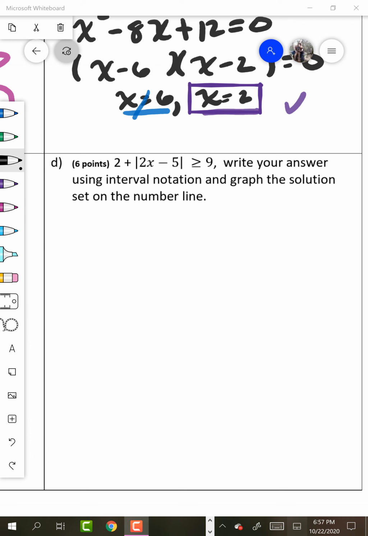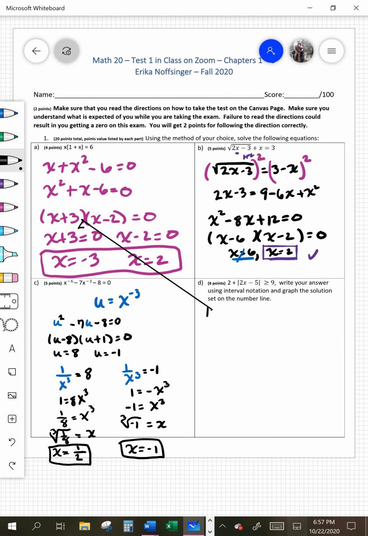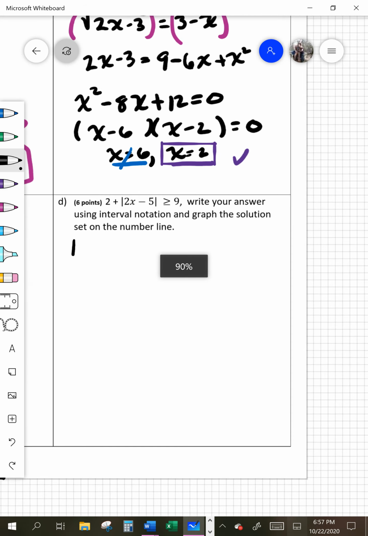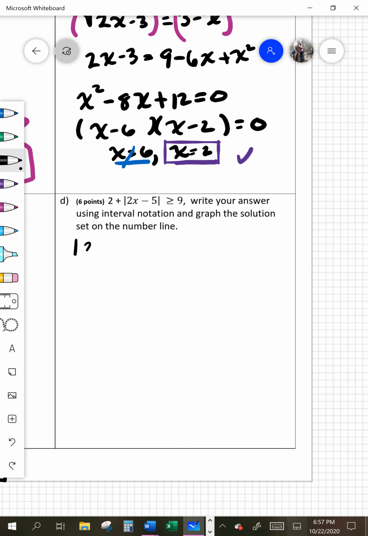And so when we do that, we get the absolute value of 2x minus 5, and that absolute value is greater than or equal to 9 minus 2, which is 7. To drop the absolute value, it depends on which way your inequality is facing.